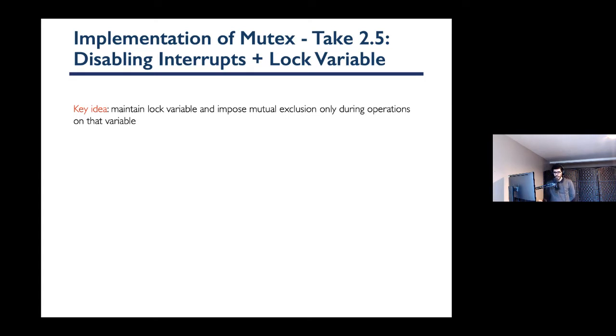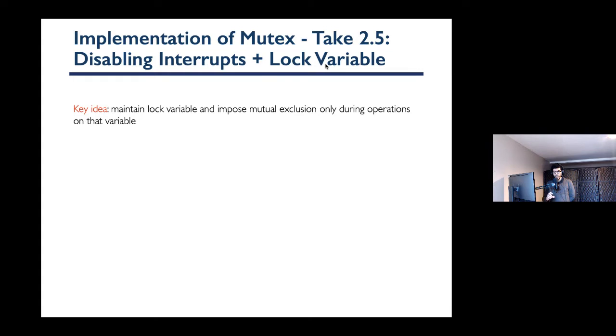So here's take 2.5. We're still going to use disabling interrupts, but we want to minimize the time that we keep the interrupts disabled. The way we're going to do that is we're going to introduce a lock variable, and then we'll use disabling interrupts just to modify this lock variable.